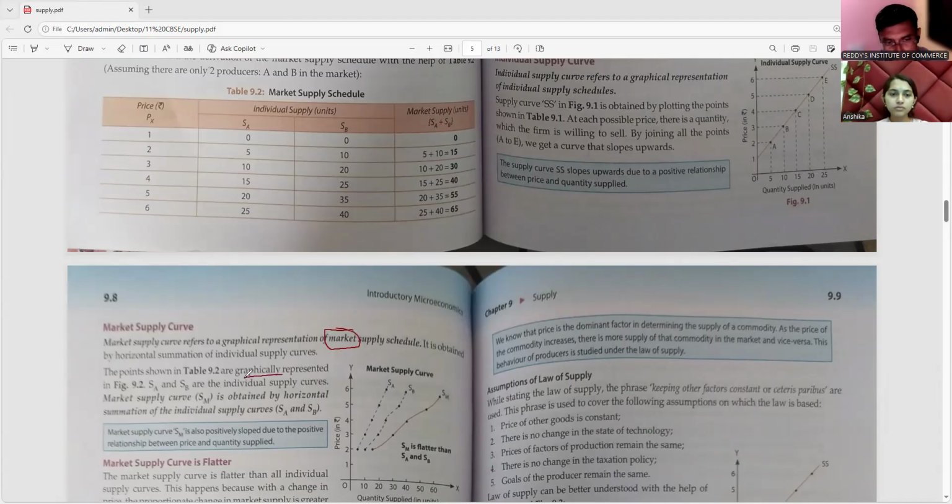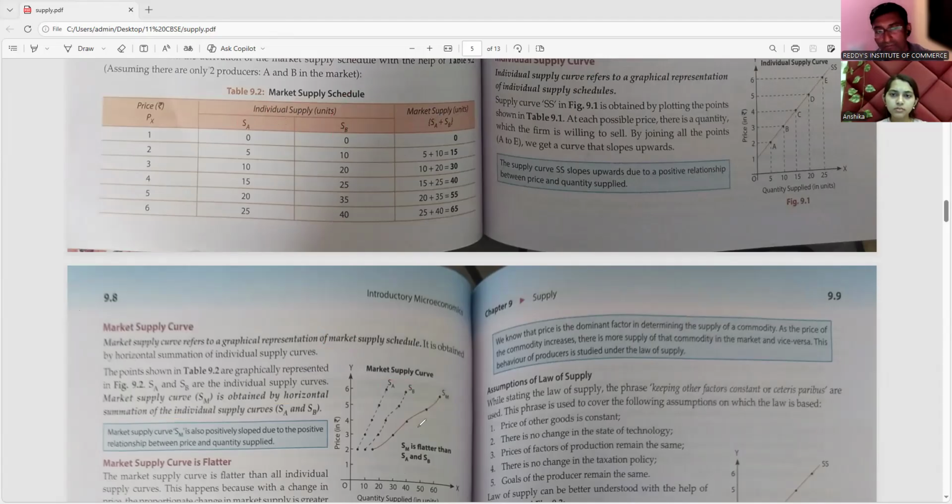It is graphically represented by SA, SB, and the market supply curve, obtained by the horizontal summation of all the individual supply curves.